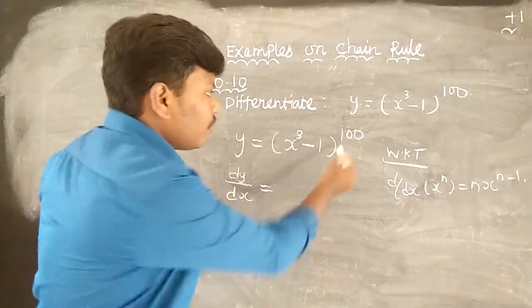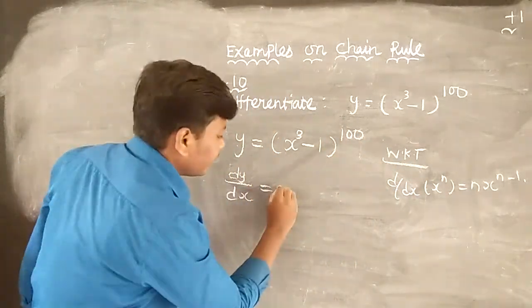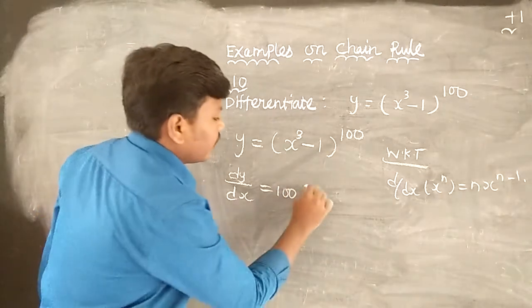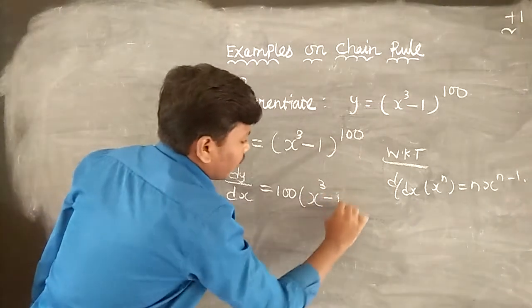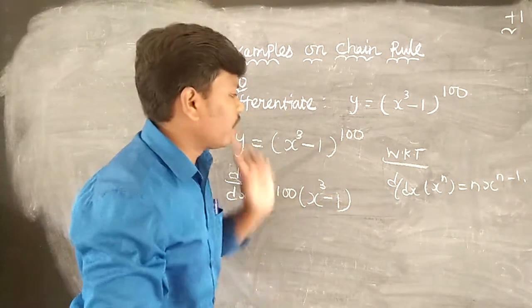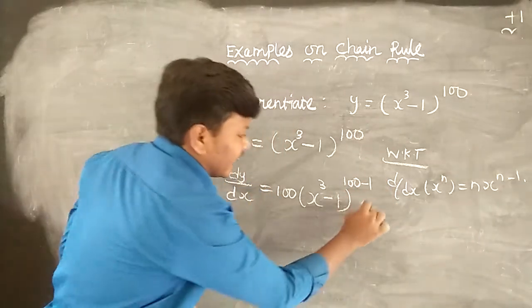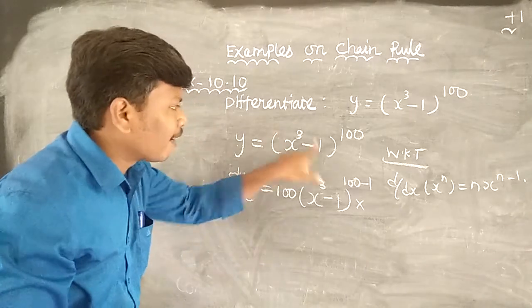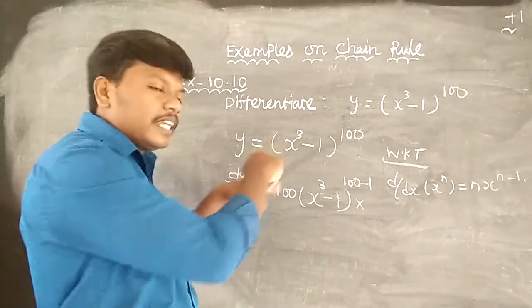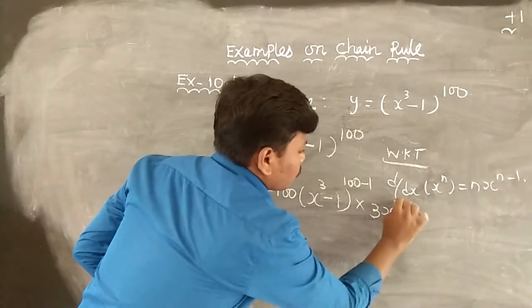So the value of n is 100. So we can write 100 into the value of x, that is (x cube minus 1), and the power we are going to reduce: 100 minus 1, into the inner function. Look at the inner function, x cube minus 1. If you differentiate x cube, you get 3x square.